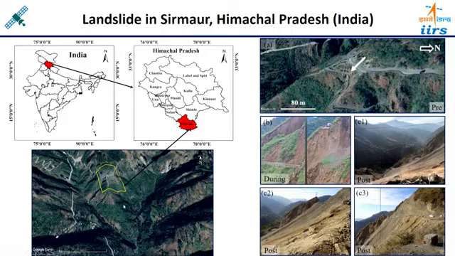What I did here, because the event had already happened, was a post analysis using Sentinel-1 images. I used the ascending and descending datasets before the landslide event, around 2 years of data, from May 2019 to July 2021.